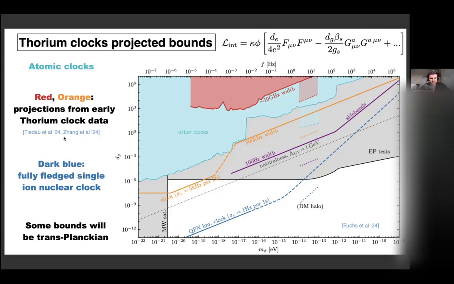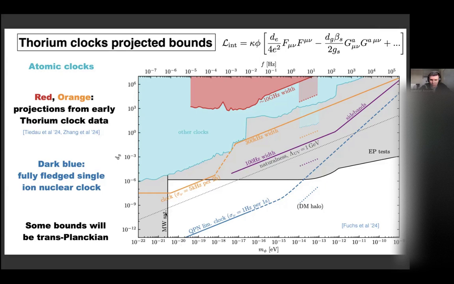Very good. Finally, the dark blue line is what people claim should be the bounds coming from a fully fledged single ion nuclear clock. So this is, I think, for experimentalists, a very technical challenge, but if this is set up, this is the bounds that should come from this.